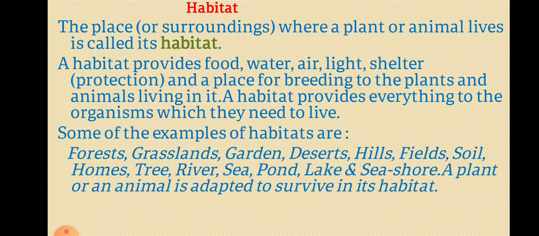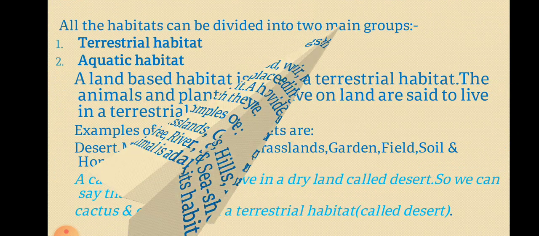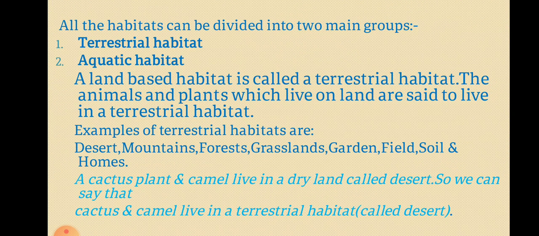A plant or an animal is adapted to survive in its habitat. All the habitats can be divided into two main groups. Number 1, terrestrial habitat, and number 2, aquatic habitat.